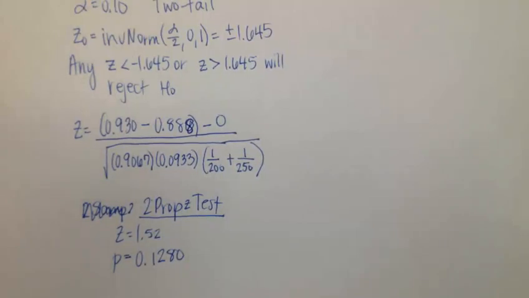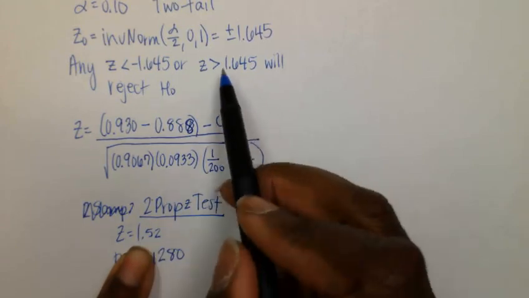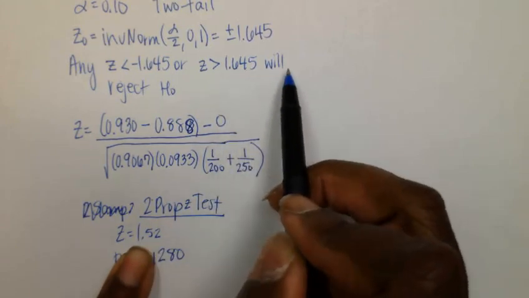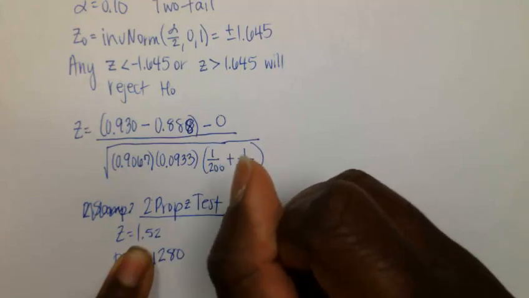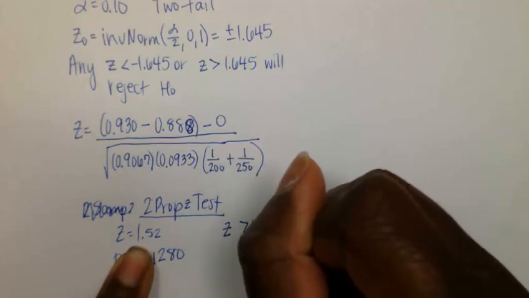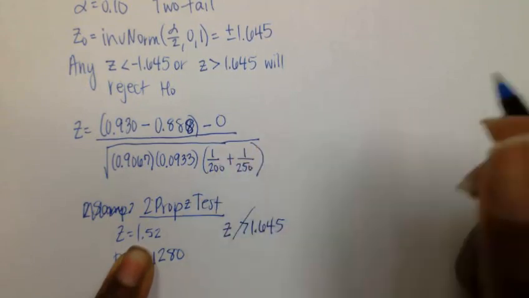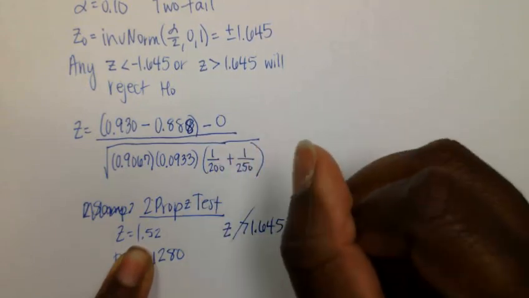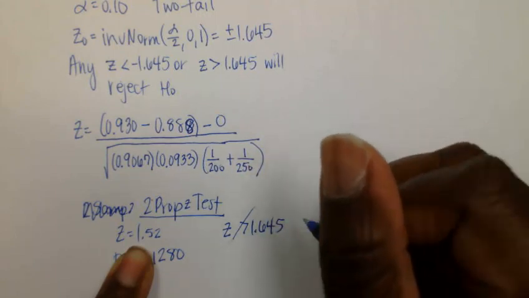Now we're ready to make our decision. Any z greater than 1.645 will reject. This z is not greater than 1.645, so we reject H0.